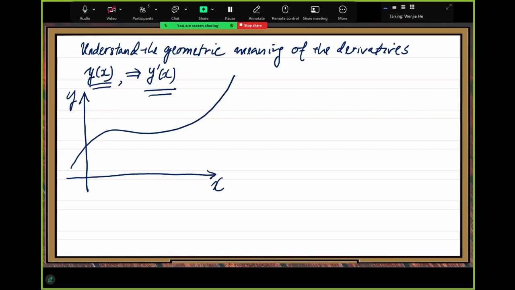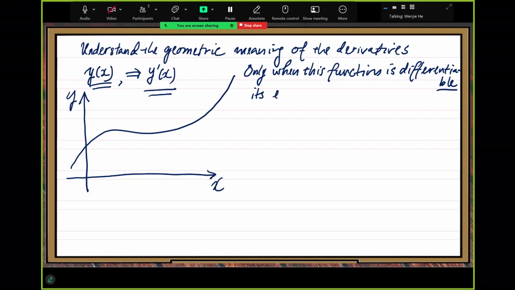Only when this function is differentiable does its derivative exist. Visually, when we look at the curve, differentiable means it is smooth.